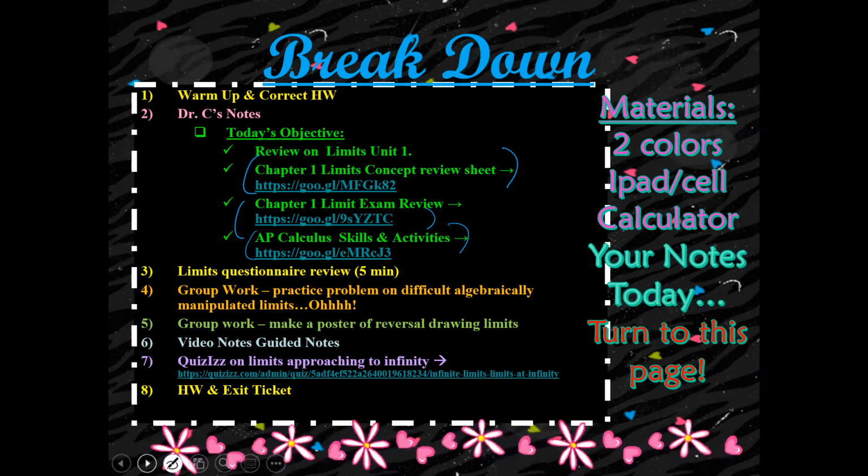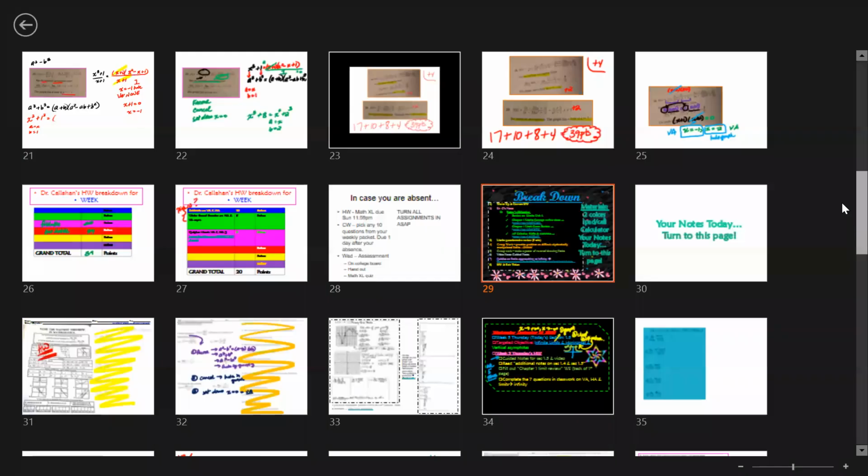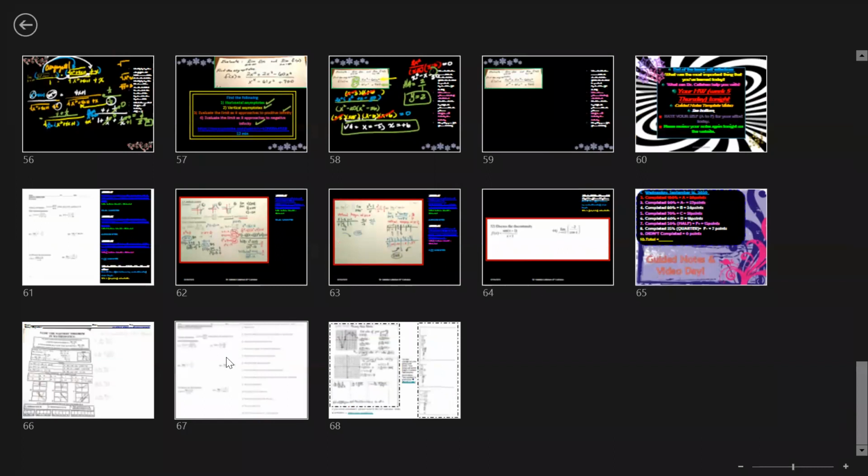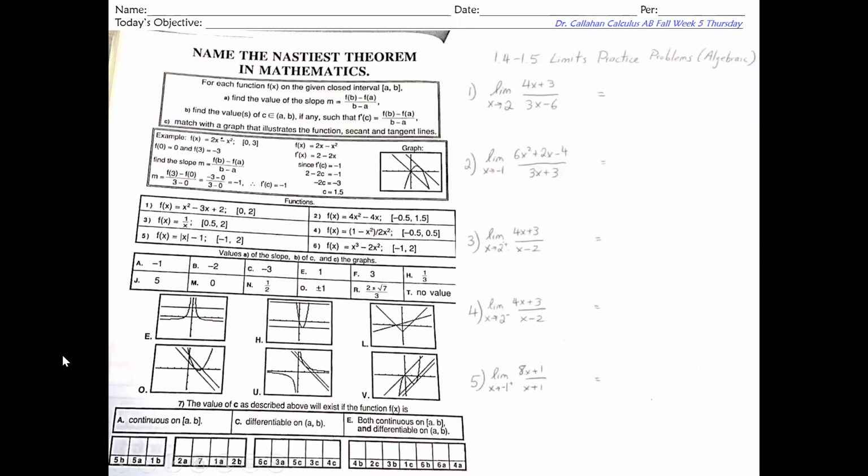Let's take a look at your guided notes. Turn over to week 5, Thursday. You have a calculus puzzle that's going to answer the question, name the nastiest theorem in mathematics.